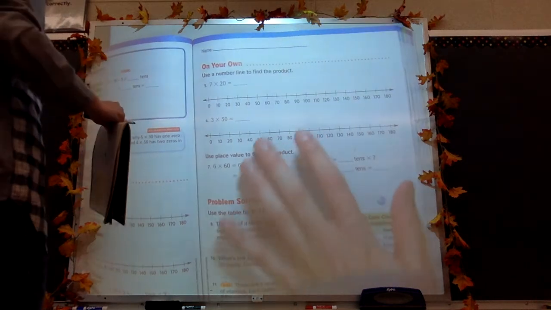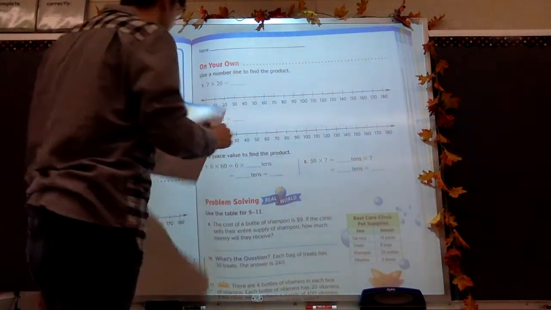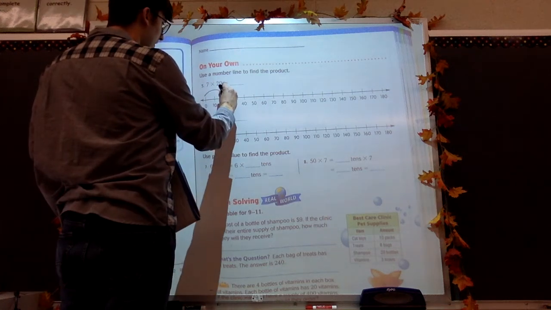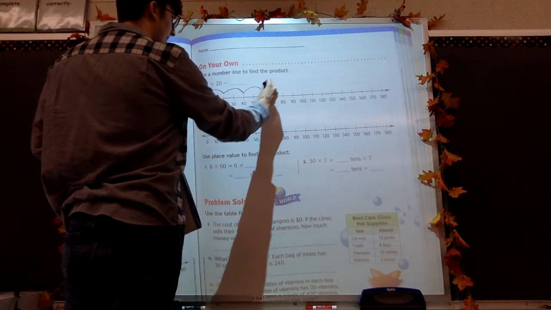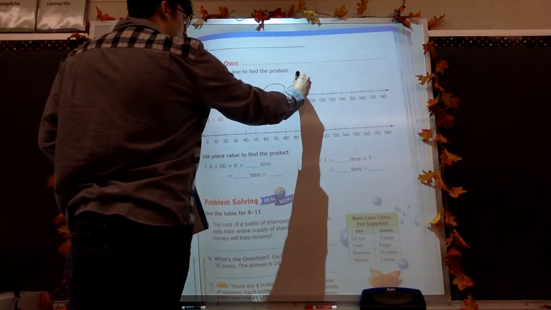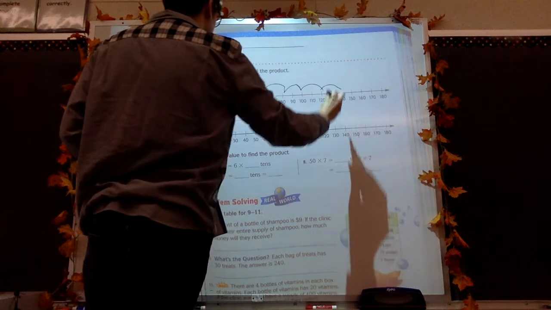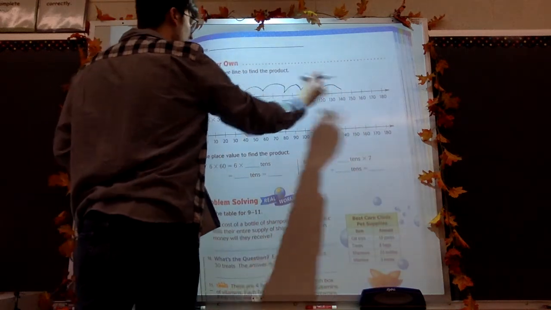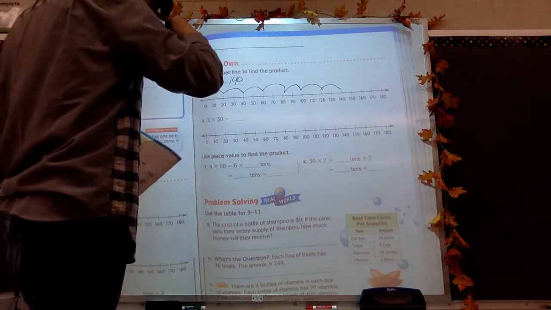So question number 5, 7 times 20. We're going to count 7 times, counting by 20s. So 1, 2, 3, 4, 5, 6, 7. I got all the way to 140. So 7 times 20 is 140.